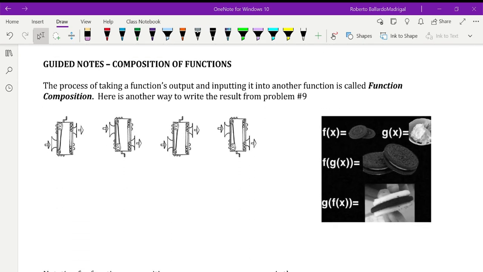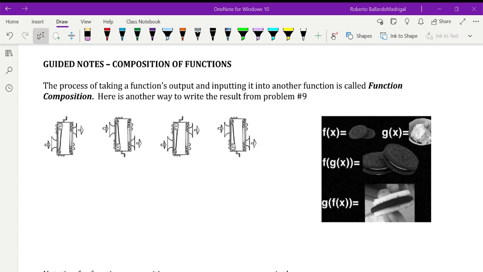So let's talk about the terminology of what we just did. What we just did with the function stacking is called composition of functions. Function composition happens when you take an output of one function and you input it into the other. All right, are we all paying attention?